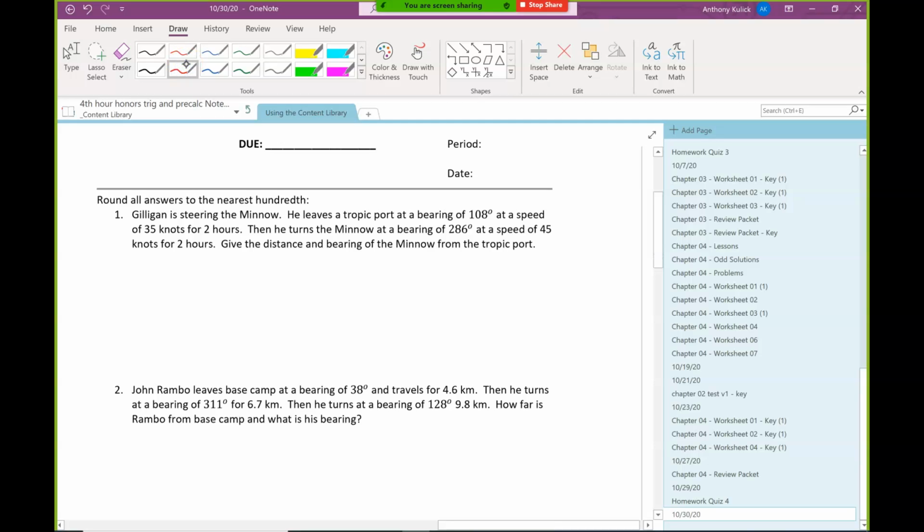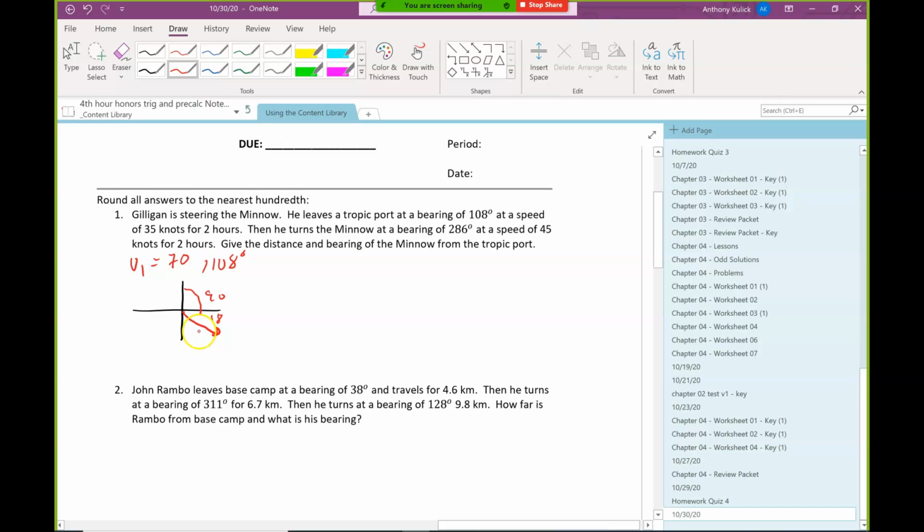Gilligan is steering the minnow. He leaves a tropic port at a bearing of 108 degrees at a speed of 35 knots for 2 hours. So V1 has a 70 for its magnitude and a bearing of 108. So 108 is like 90 and then 18 more.